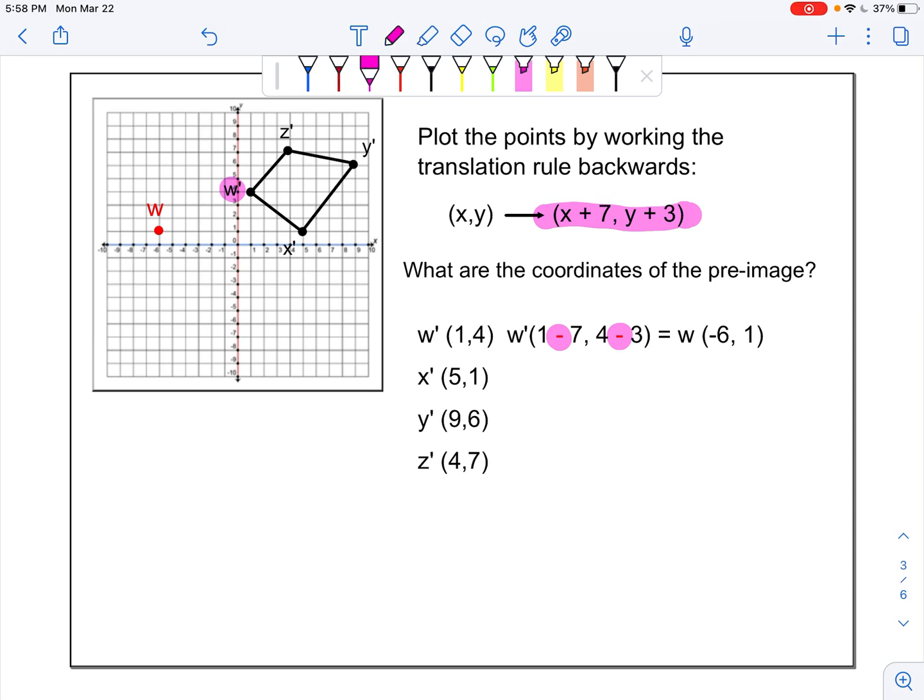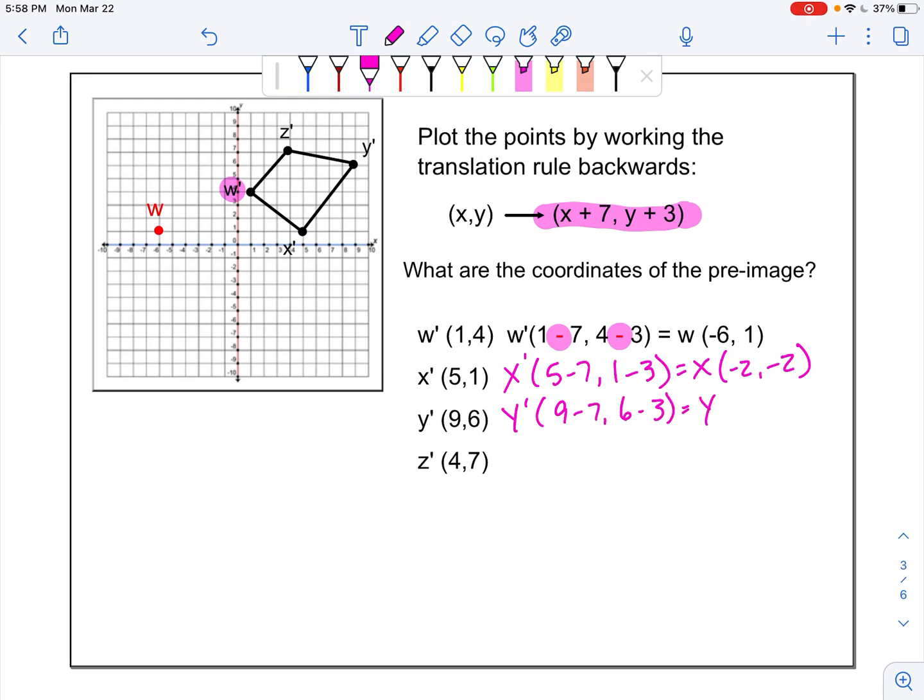So let's come down here and take this 5 to find the x. We're going to say 5 minus 7 and 1 minus 3. So that means x is going to be at -2, -2. And then y, I'm going to say 9 minus 7, 6 minus 3.